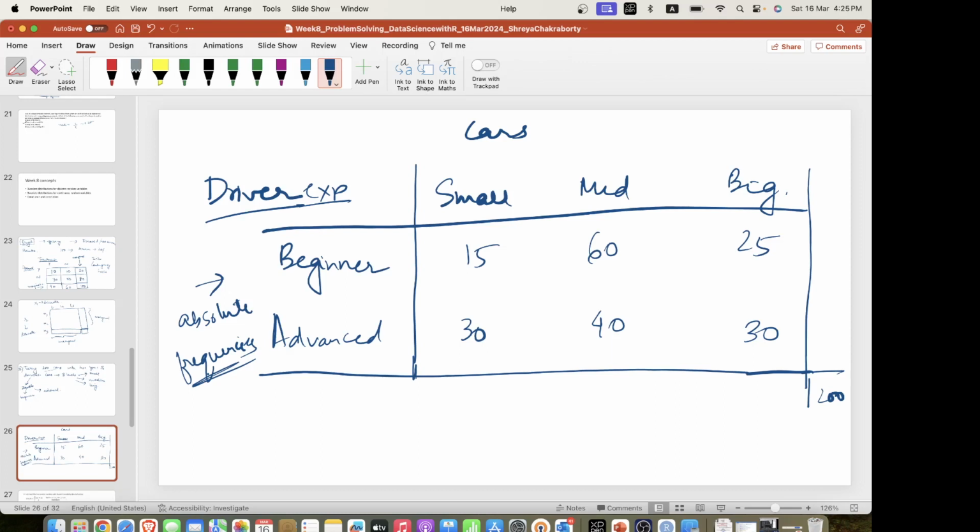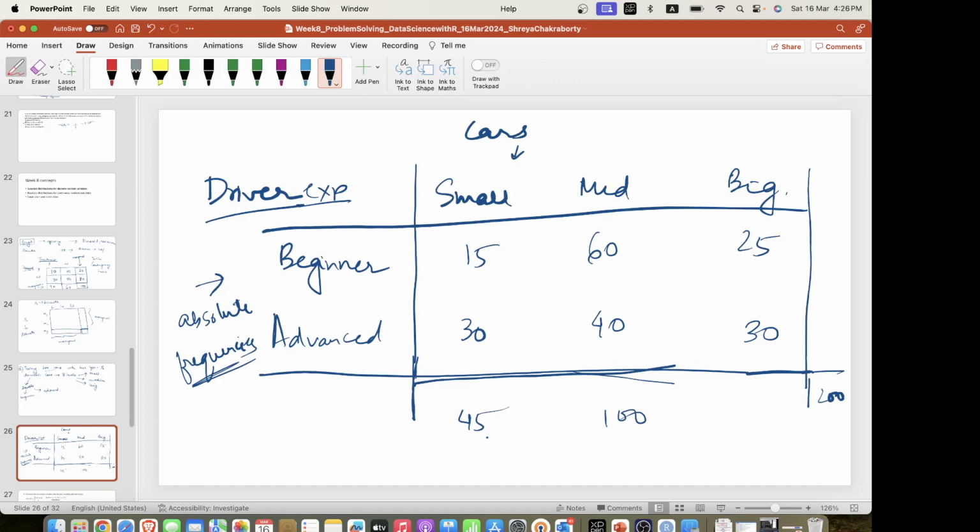Alright, now if I want to find out the marginal distribution of the number of cars, then what do we have to do? We have to get to this one. Okay, this is the marginal frequency that we want. So how many are testing on small cars? That would be 45. How many are testing on medium sized cars? That would be 100.